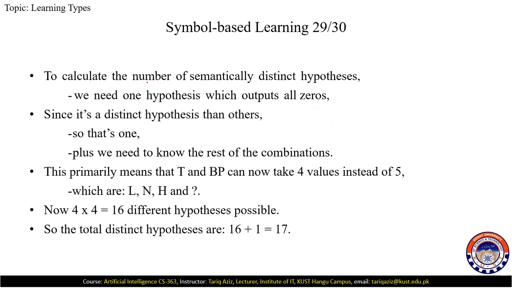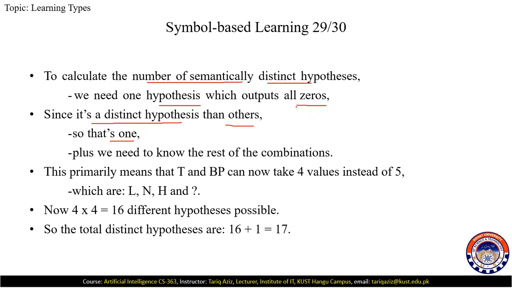Now, dear students, if we want to calculate the number of semantically distinct hypotheses, then we need one hypothesis which outputs all zeros. Since it's a distinct hypothesis from the others, that's one. So we got all zeros. Here in this slide, it says that we want semantically distinct hypotheses.